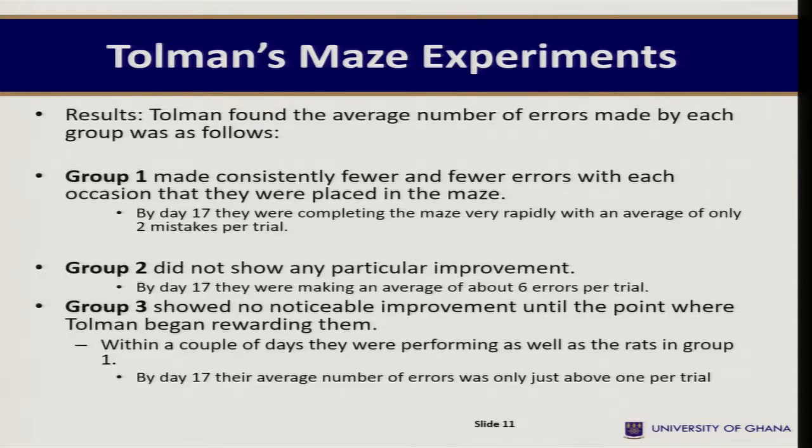Within a couple of days, they were performing as well as group 1. By day 17, their average number of errors was only just above 1 per trial. So it tells us something. The explanation given was that the rats had what is called a cognitive map, or mental images of the maze.